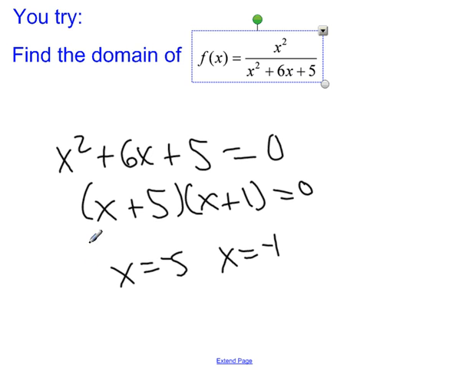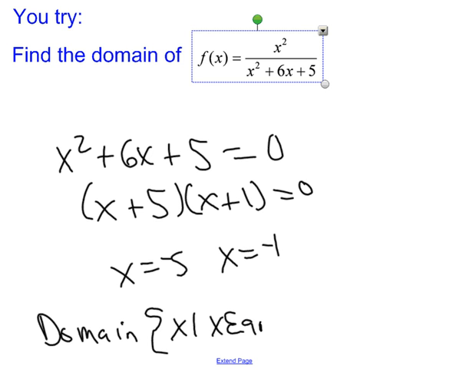So that means that for the domain, x can be any real number, but it cannot be -5 and it cannot be -1.